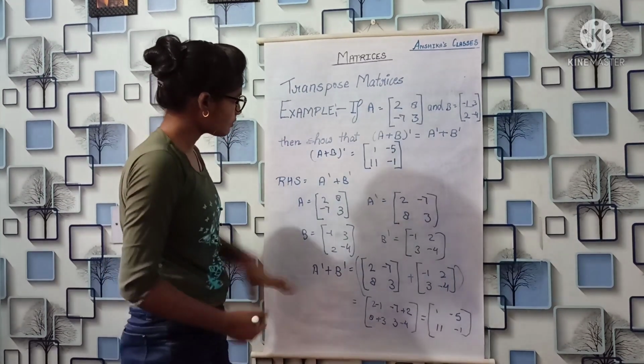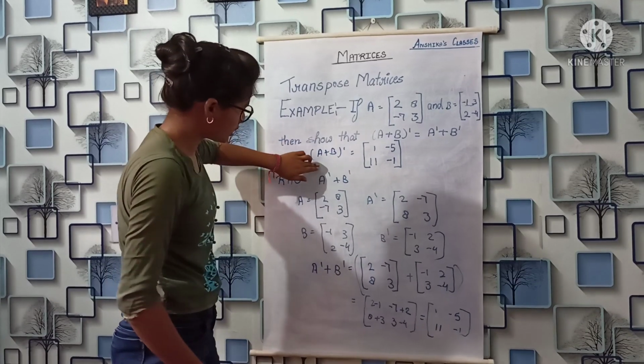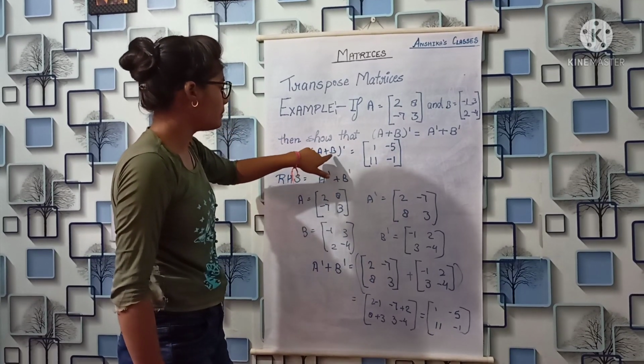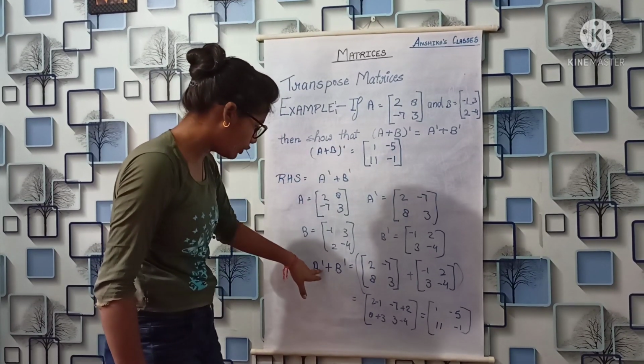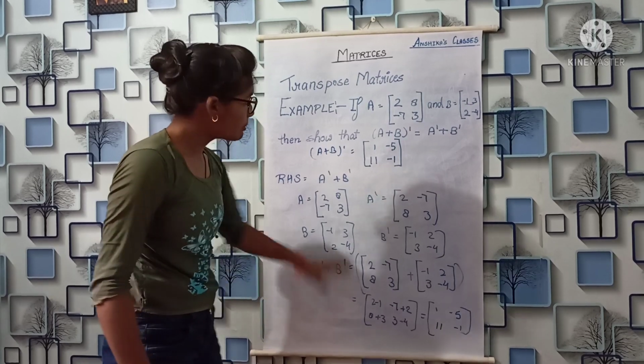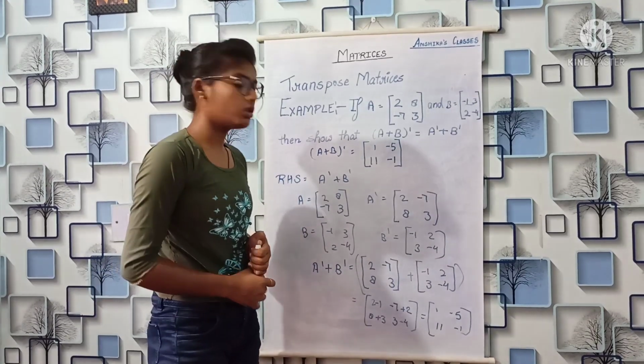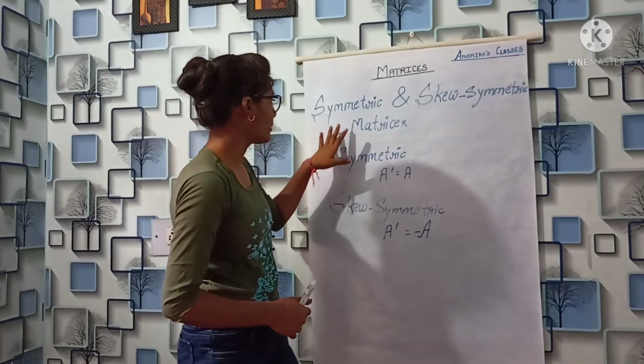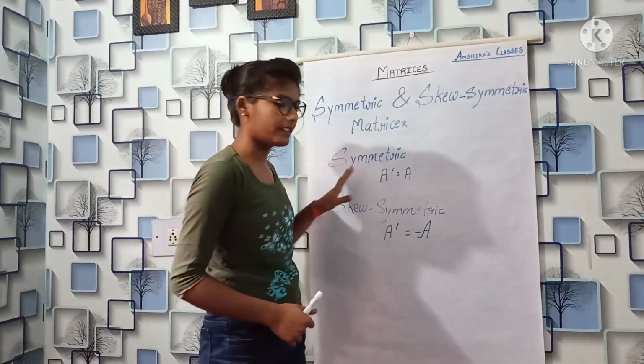So this is the value of A plus B whole dash, and this is the value of A dash plus B dash. Both are equal.